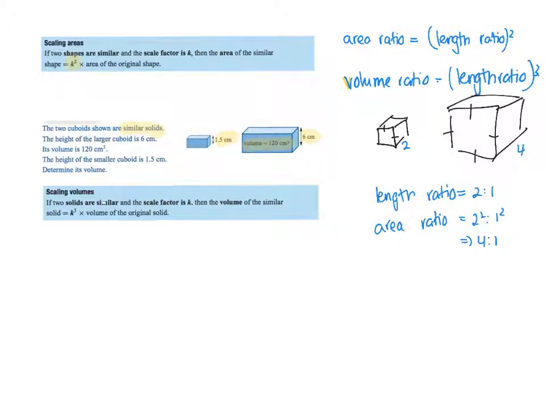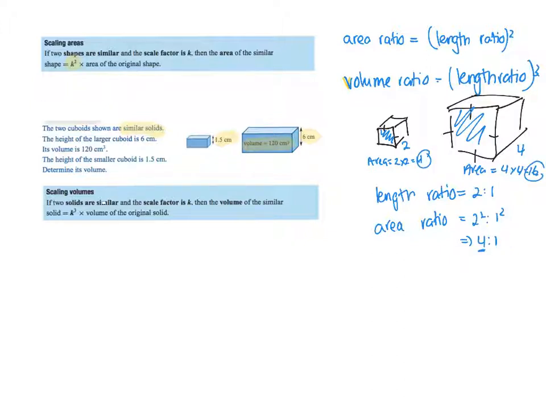We said that. And that would make sense, because if I looked at this one's area, wouldn't the area be 2 times 2, which is 4? And the area of that one would be 4 times 4, which is 16. Isn't 16 divided by 4, 4?